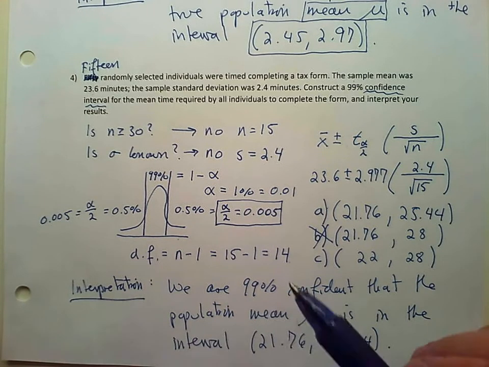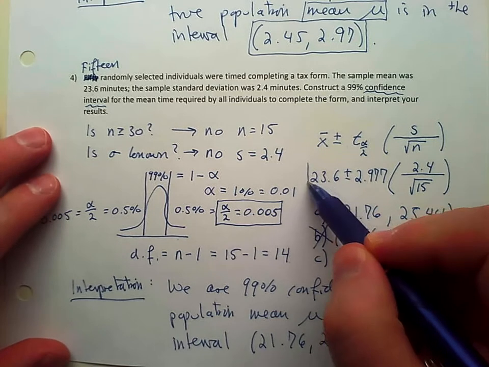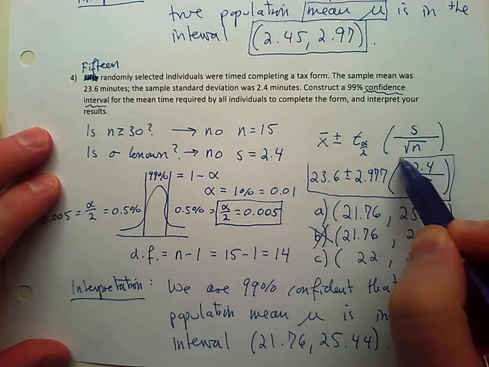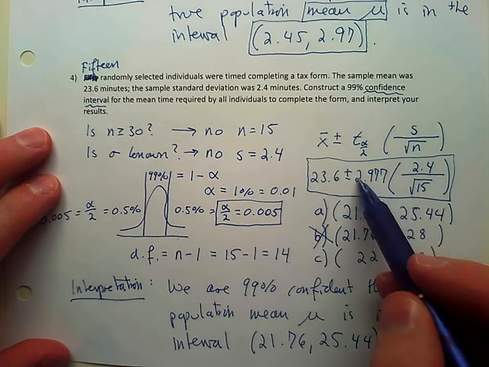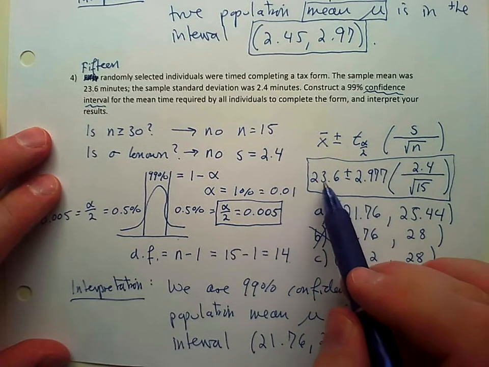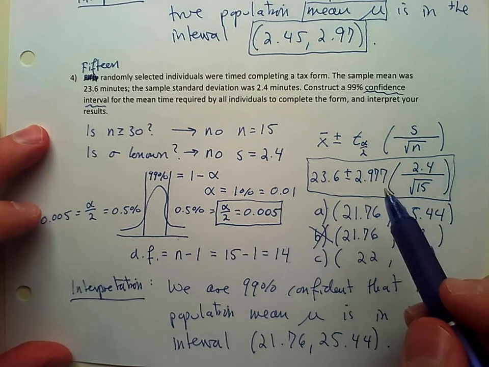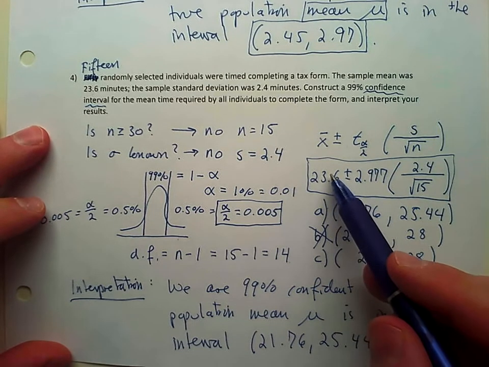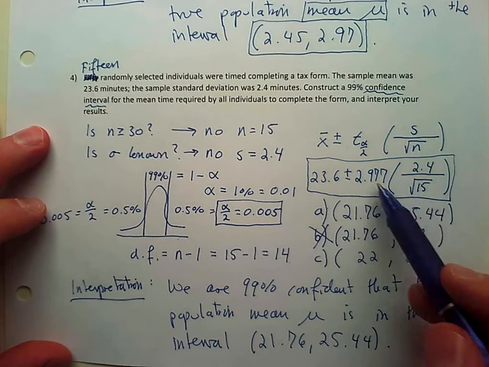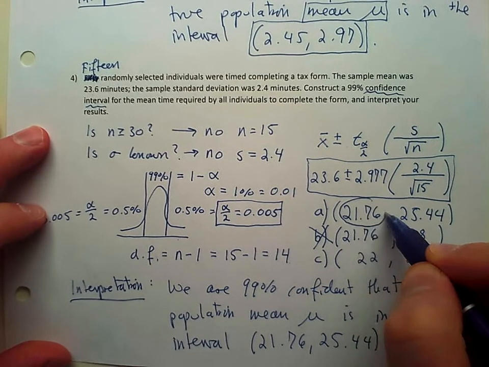So why am I telling you this as a test-taking tip? Well, you're always doing this arithmetic right here, where you're taking this number and adding this to it, and then taking this number and subtracting this from it. Well, if you only do one of those, say you take this number and subtract this from it, it's going to give you the correct value.